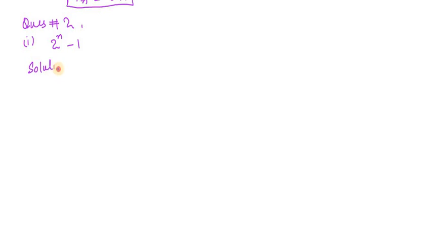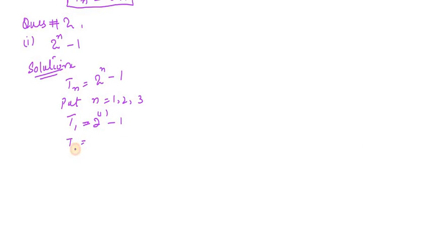Solution. The nth term is 2 to the power n minus 1. We have to find the first three terms, so we put n equals to 1, 2 and 3. For the first term, n is equal to 1: 2 to the power 1 minus 1, so the first term is 2 to the power 0, which is 1.